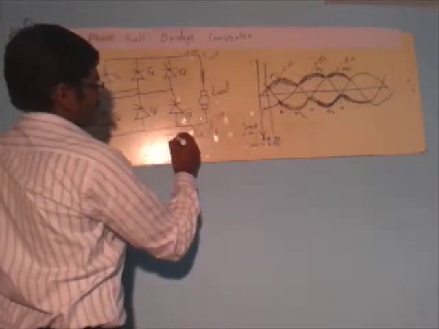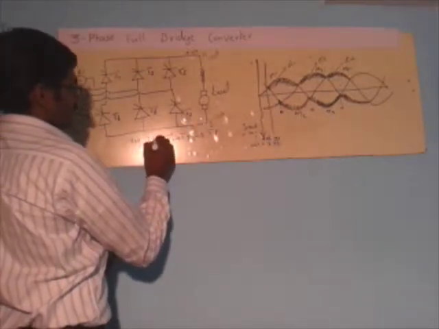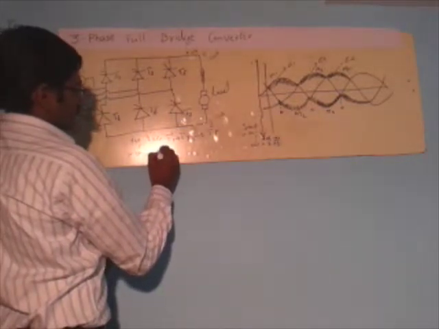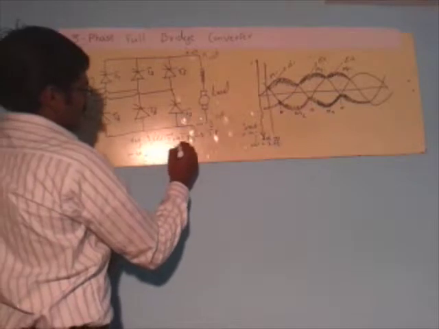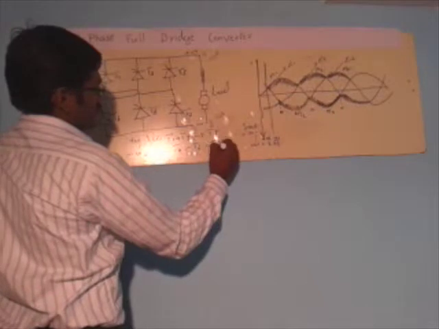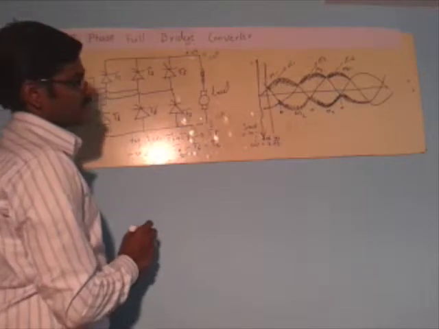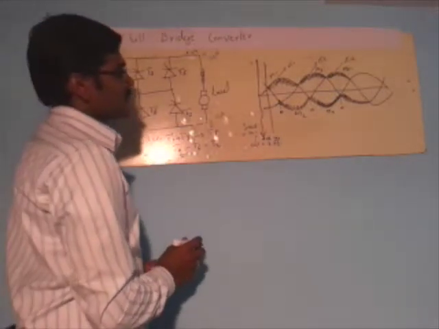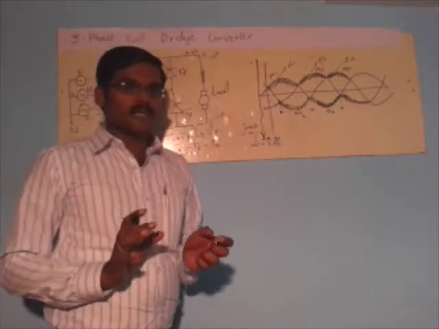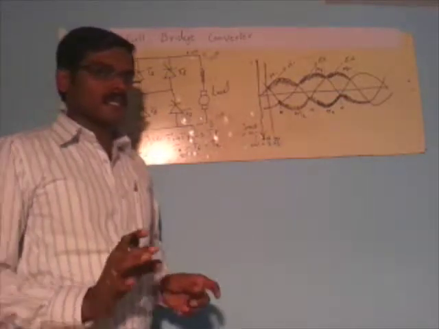Negative side: T4, T6, T2. Each thyristor will conduct for a 60-degree duration. It means every 60 degrees there is a commutation.